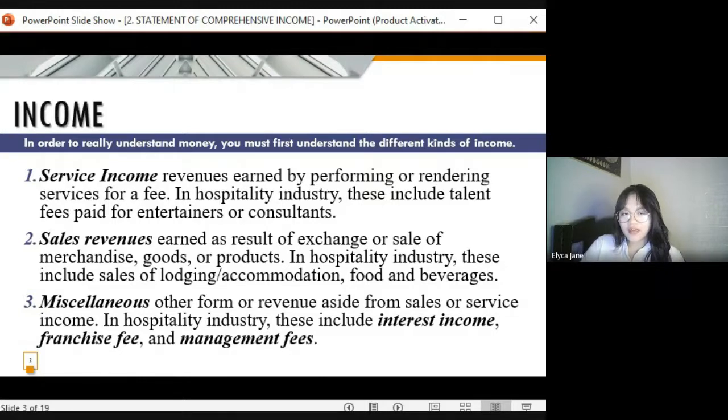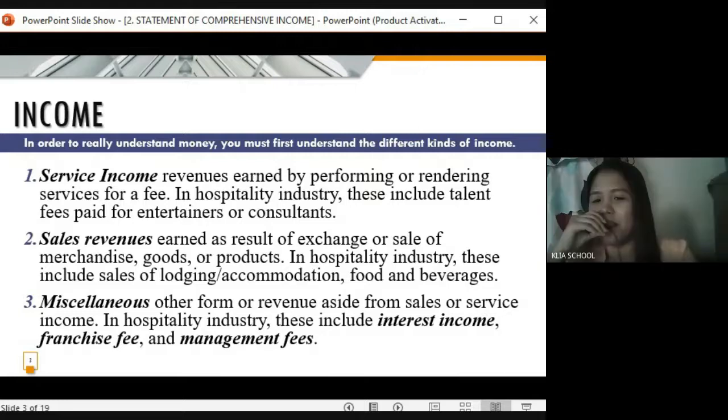Parang accommodations po mga hotel. Okay, very good. That is also a kind of example.